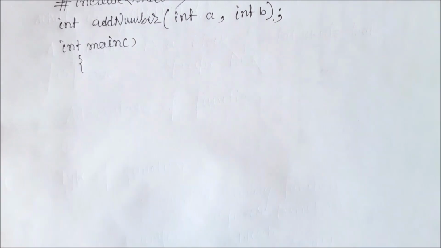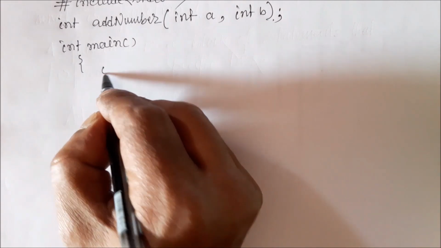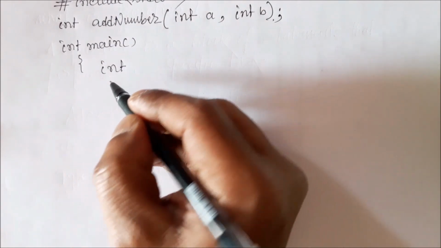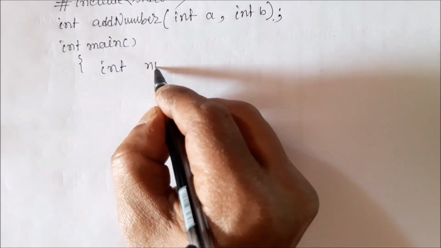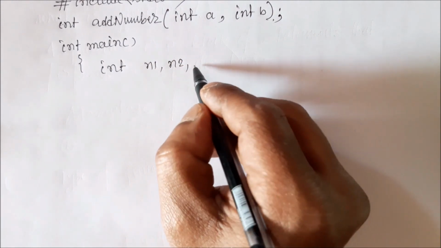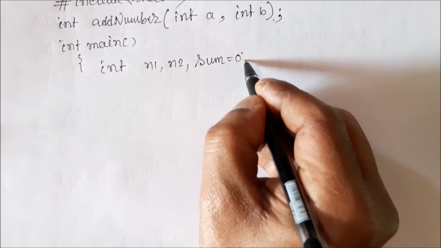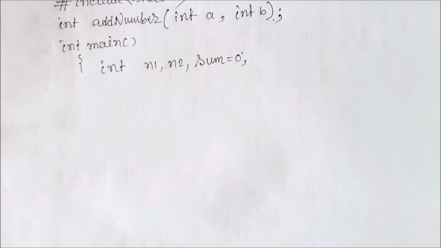which is the main function. Suppose I want to add two numbers, which means we have to take two inputs from the keyboard. So, I am taking two variables, n1 for number 1 and n2 for number 2, and to add them I am taking an additional variable sum, equal to 0, or it may not be 0, it is okay.